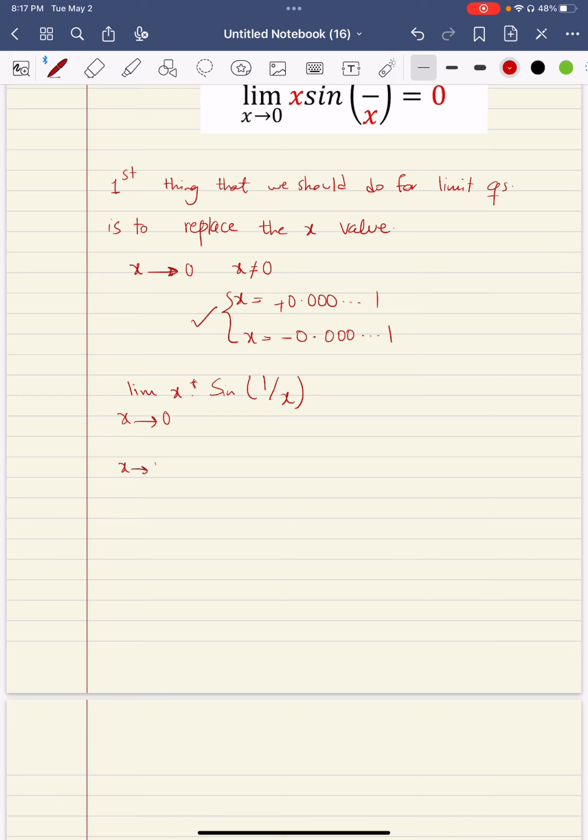If you replace the x adjacent to 0, your x would be close to 0, and your sine 1 over x would be something like sine 1 over a value that is positive or negative, very close to 0, right?